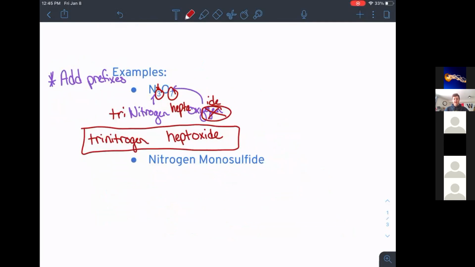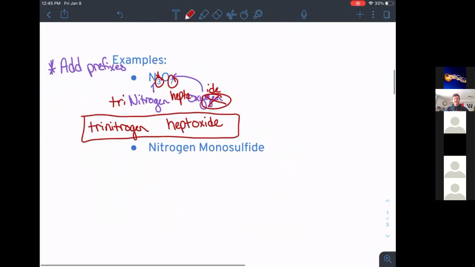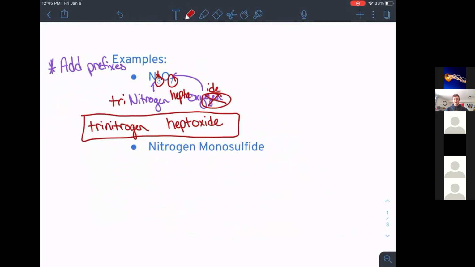We got one more example problem to go through, and it's nitrogen monosulfide. So first thing we're going to do here is identify each of these elements. So nitrogen, what is our element symbol for nitrogen? N, perfect.